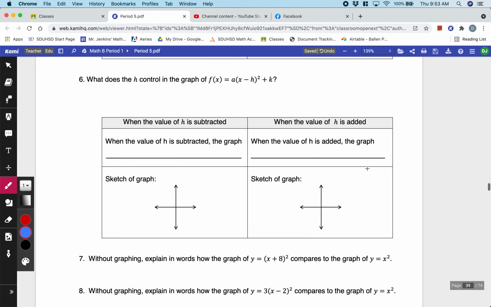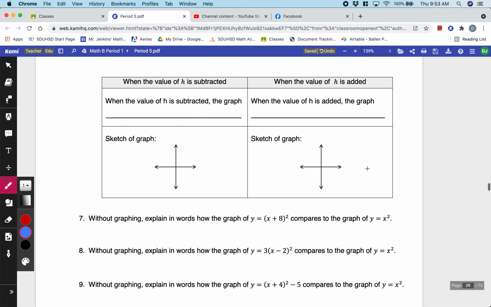Right, almost done here now. Where it says the h value is subtracted, what we're looking at is something like x minus 2. When we're subtracting, it's opposite inside absolute values and inside parentheses, where it's going to be a horizontal shift right.